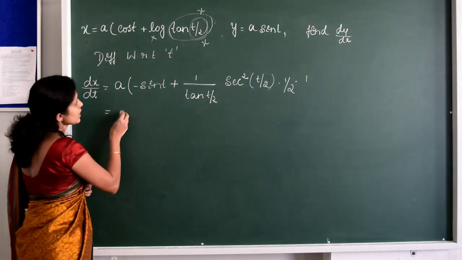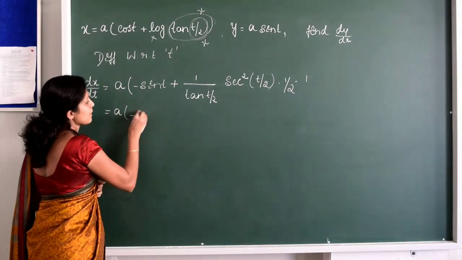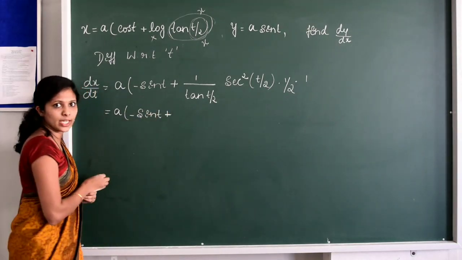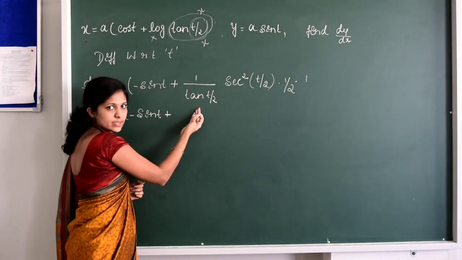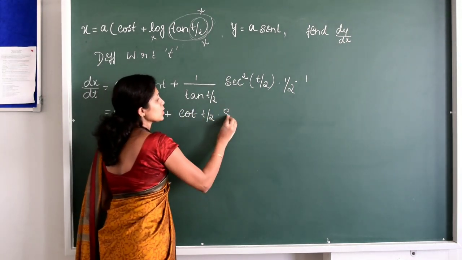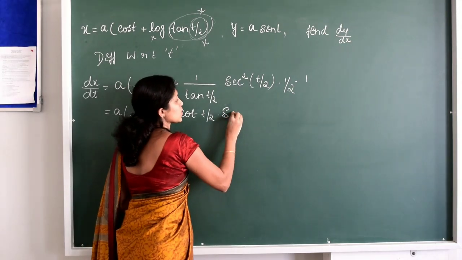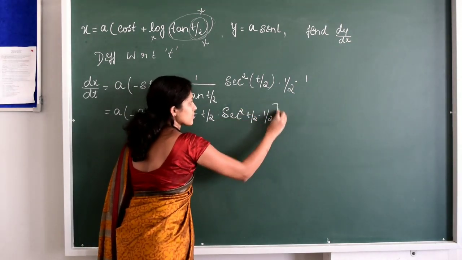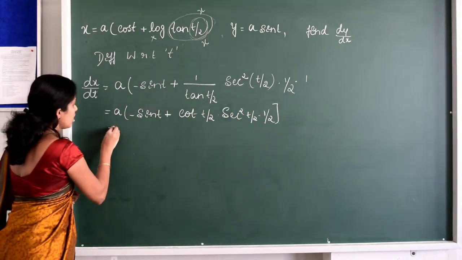This is equal to k into minus sin t plus, 1 by tan t by 2 can be written as cos t by 2 by sin t by 2, into secant square t by 2 into 1 by 2. Here only we can simplify. Alright, one more step.